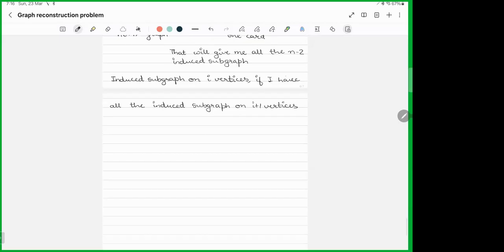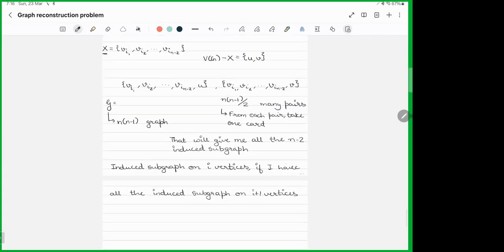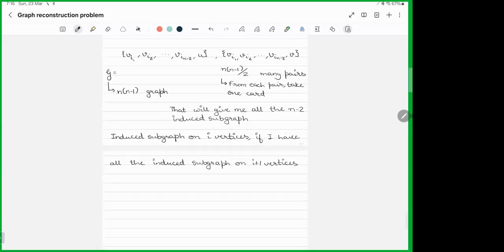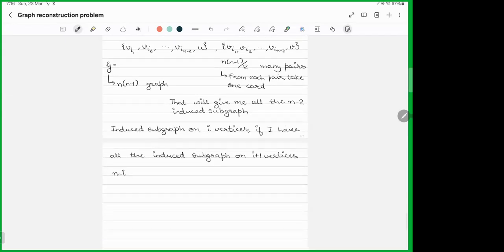The idea is the same, except that instead of making pairs, we have to find n minus i cards which are isomorphic to each other. We will club them together, and from each group, each of these collections, I will take one of the cards, and by choosing one card from each collection, I will get all the i vertices induced subgraphs.